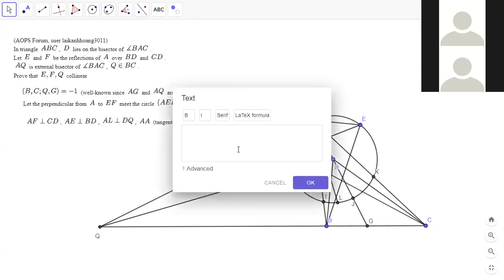Yeah, it's an interesting idea. So basically, I'll write it like this. BCQG is equal to BCQG, which is equal to A.